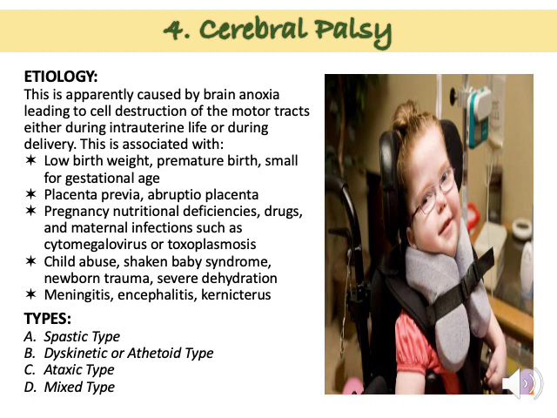Upon birth, it may be caused by child abuse, shaken baby syndrome, trauma or dehydration, and child infections such as meningitis, encephalitis, and hyperbilirubinemia that is untreated, leading to kernicterus. There are 4 types: spastic, dyskinetic or athetoid, ataxic, or mixed.